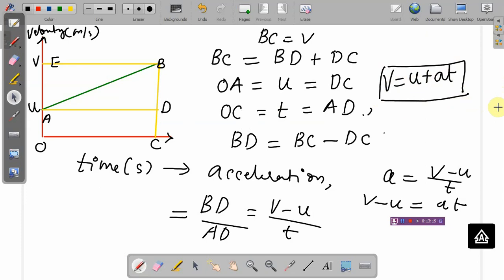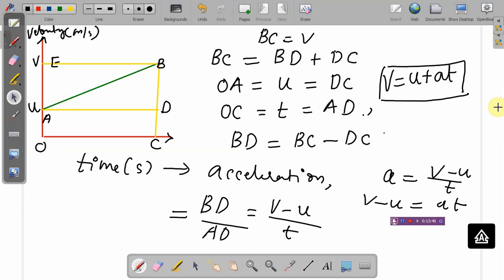motion of an object whose initial velocity was u and final velocity is v. And when I was taking the slope of the graph, this is a vt graph, so the slope of the graph will give me the acceleration. So this line in green color shows the change in velocity, right? That is the graph. So if I take the slope of that particular line AB, I can take the slope as BD upon AD, right?